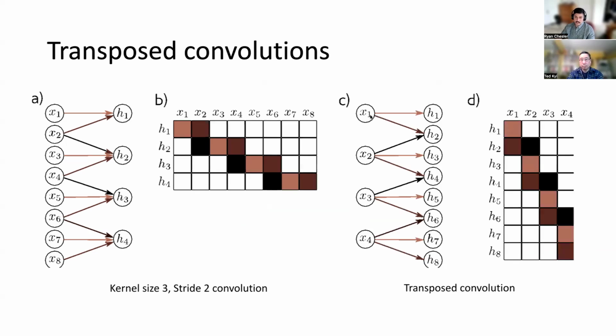We have a single input and we're passing it to two outputs, for example, or three, depending on the kernel size. So this is doing the opposite operation from here. This is reducing the resolution down to 4, and this is going from that 4 back to a higher resolution.